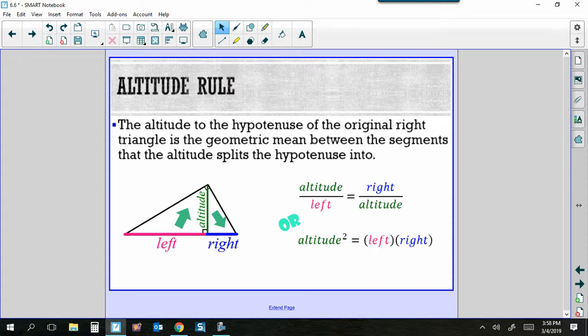So think of it like this. We're working with this inside thing that cut apart the big outside thing, cut it into parts. Don't need glasses because you're not going to see the whole thing. You're not using the whole thing because you don't need to see it. So you have your altitude in two places because it is the geometric mean, and you're just multiplying those pieces, the left and the right. So altitude times altitude is altitude squared, and then it's going to equal whatever the left times the right side.